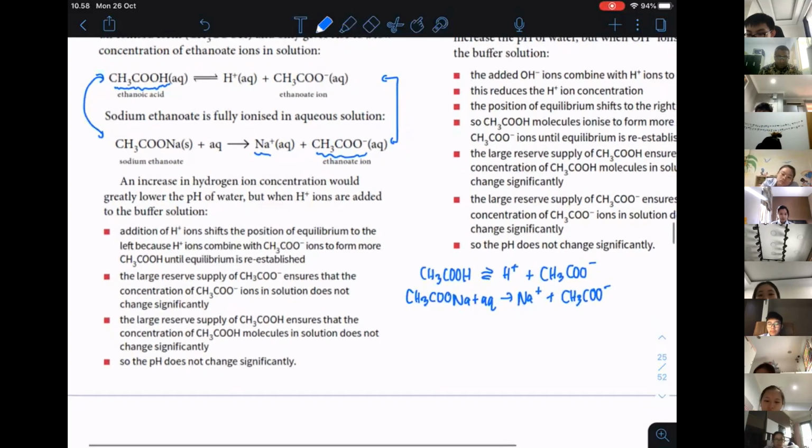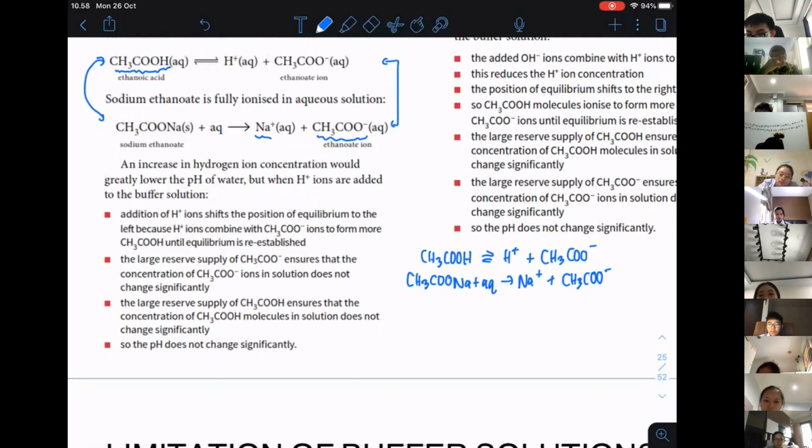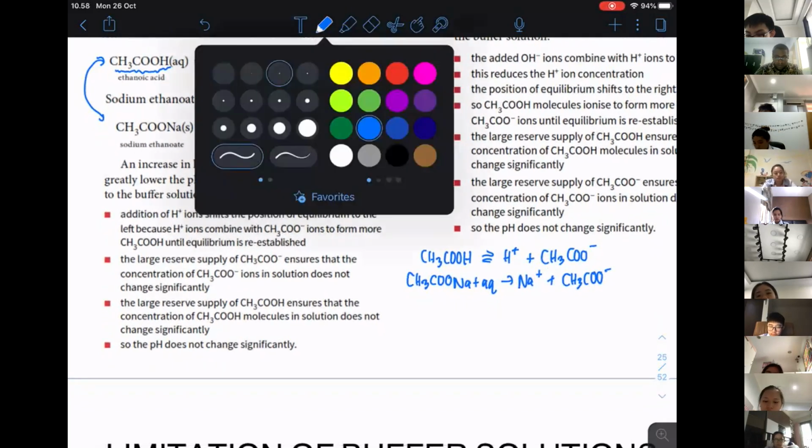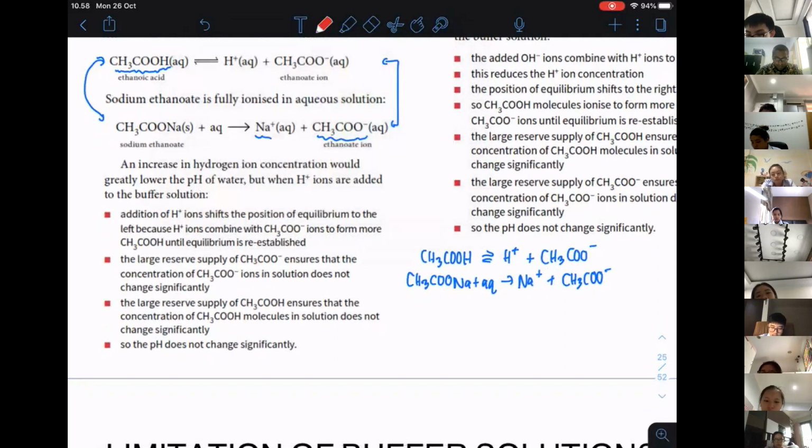Now, what happens when I add H plus? When H plus is added, you can see the position of the equilibrium. When we talk about the position of the equilibrium, we are interested in the reversible reaction, so we are interested in reaction number 1, not reaction number 2. The H plus will shift the position of the equilibrium to the left.